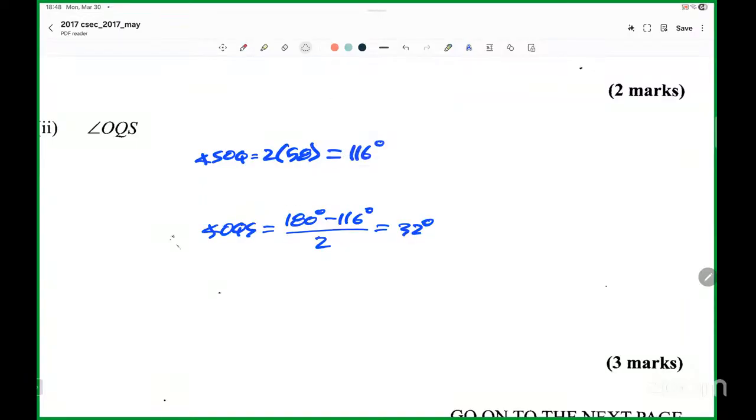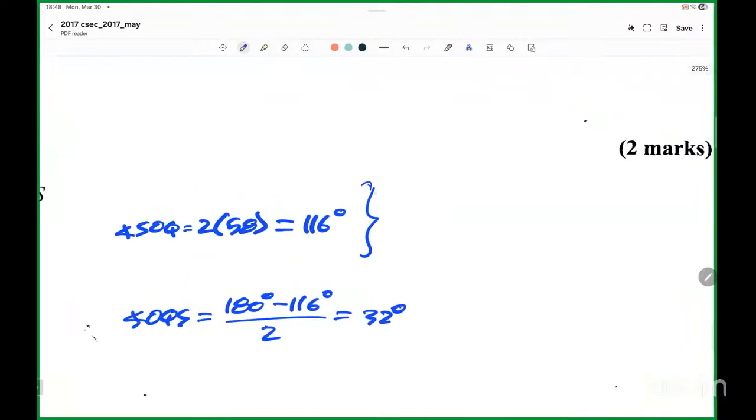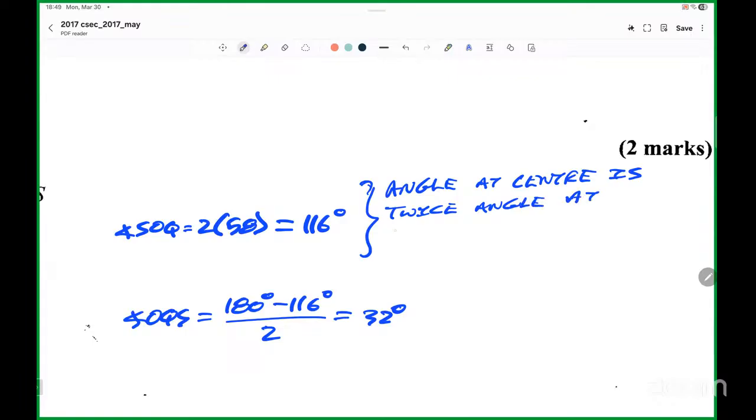All right, so for this one, you use that angle at center as well as angle at circumference. Angle at center is twice angle at circumference.